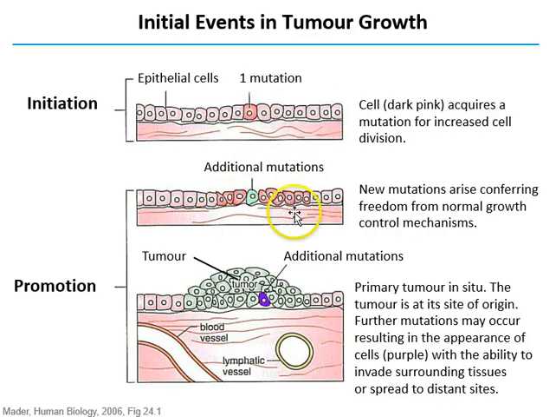Further mutations can then occur, and at least one of the cells here, we can see it indicated there, has undergone a transformation event which now allows it to begin to form a tumour. In some cases, further mutations may occur, allowing the tumour to invade local tissues, for example by penetrating the basement membrane. At this point, it may be able to spread to distant sites and form additional tumours.